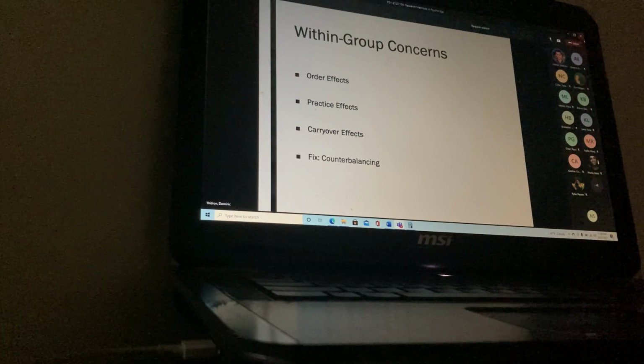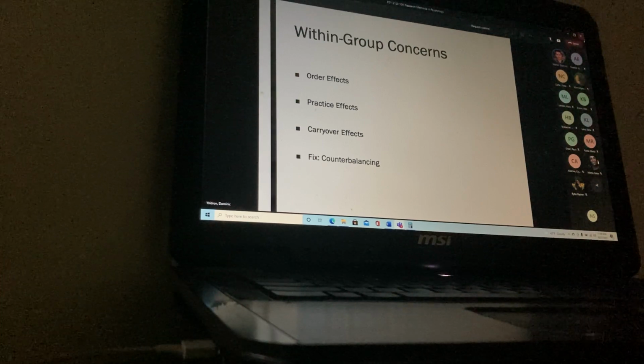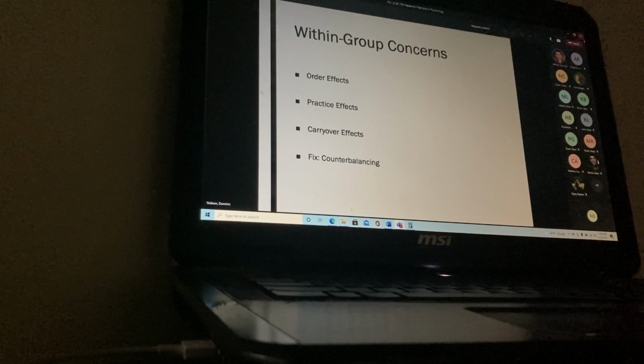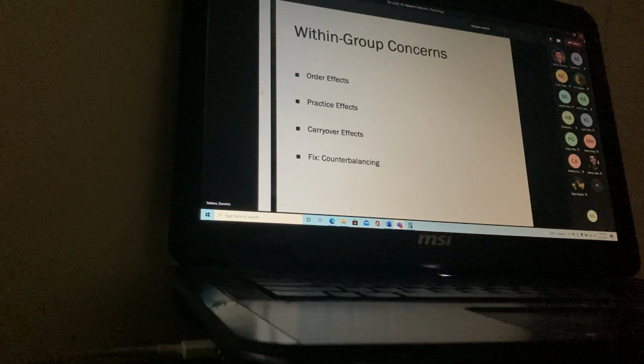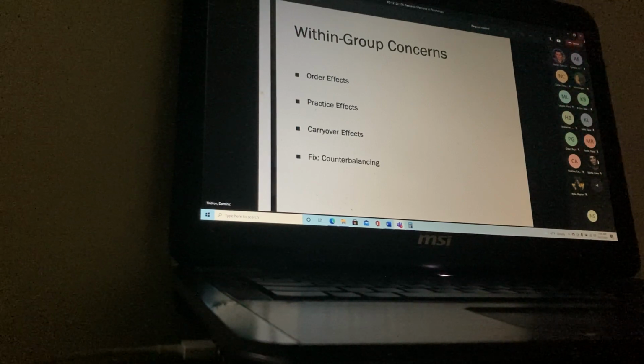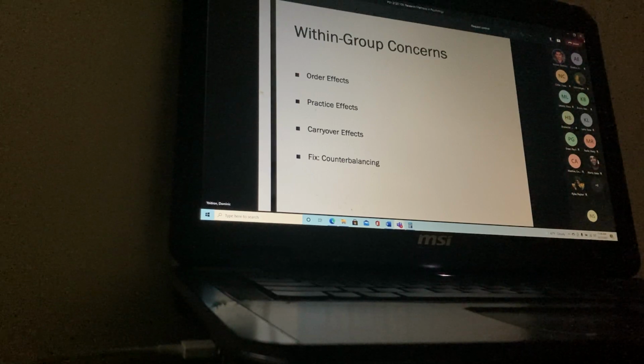Is one group different in some meaningful way? Within group designs have different concerns. So again, taking that example of the brain stimulation, giving participants a real active brain stimulation that's supposed to reduce anxiety and giving them a sham placebo stimulation. Let's take that example and walk through each of these, okay?